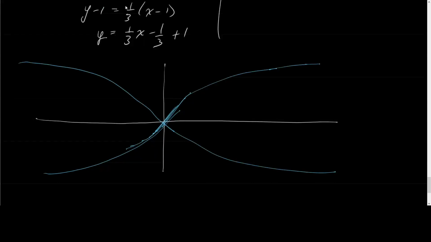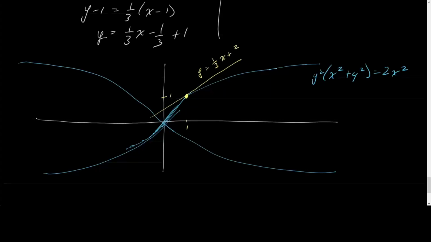And so that was our equation, y squared times x squared plus y squared is equal to 2x squared. And what we found was that at the point 1, 1 we had this line, and this is y equals 1/3 x plus 2/3.